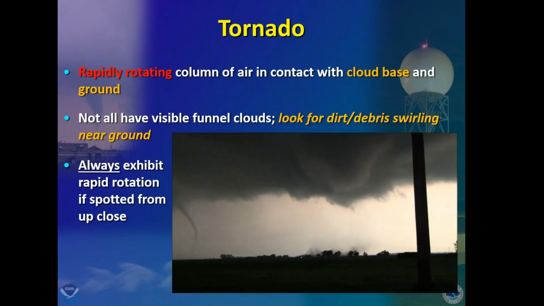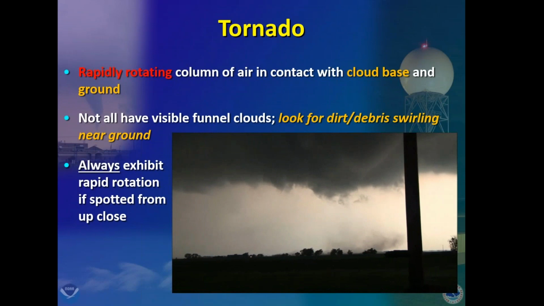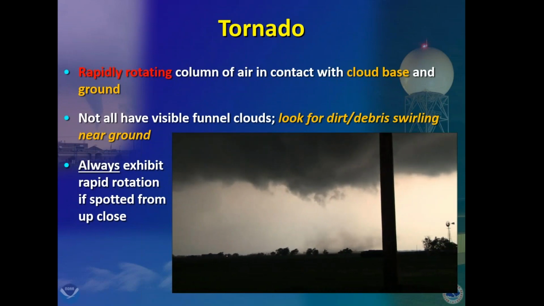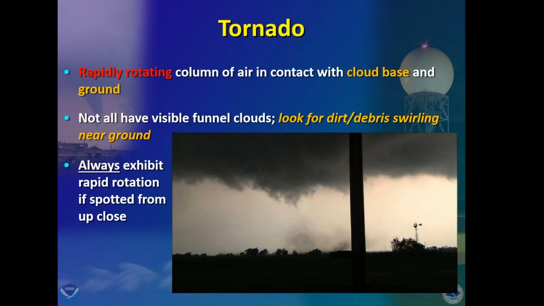So you're going to always see the rapid rotation if you're seeing it up close. So like you see here, you're going to see some evidence of damage on the ground with the tornado. That could be debris, dirt, siding, trees getting kicked up, any combination of things that could get kicked up. But the condensation funnel is going to be the last thing that gets filled in.